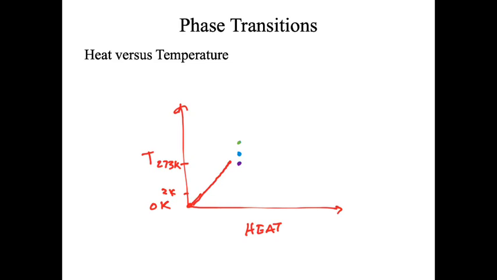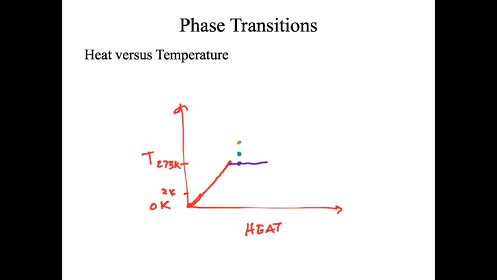Well, if some of it becomes a liquid and some of it is still ice, what's happening to the temperature? It has to stay the same. Because if it goes up, I no longer have solid. If it goes down, I don't have liquid. So what happens is it has to plateau.